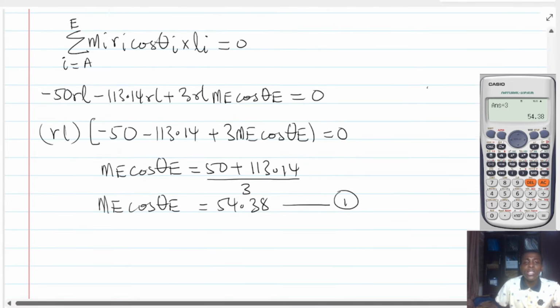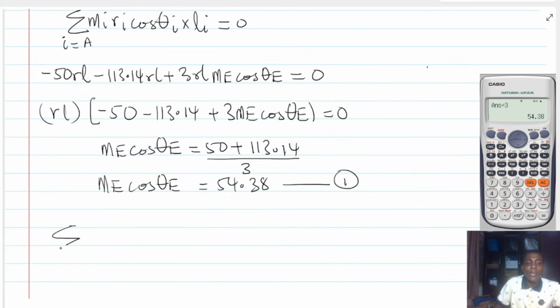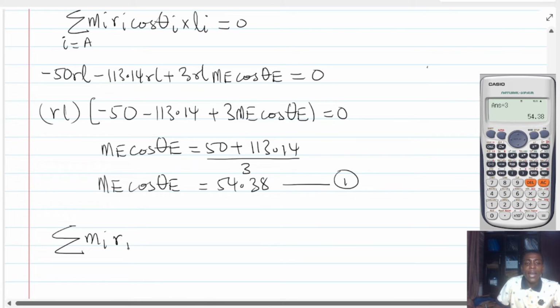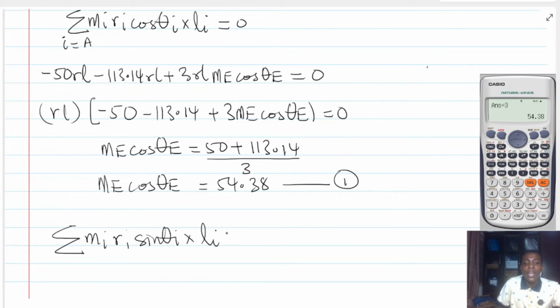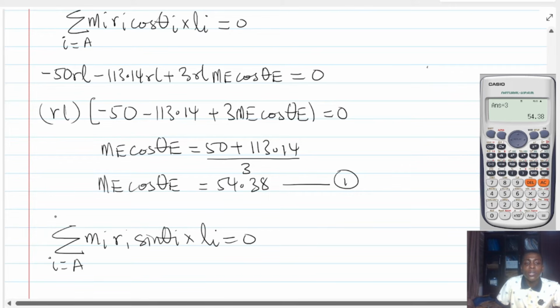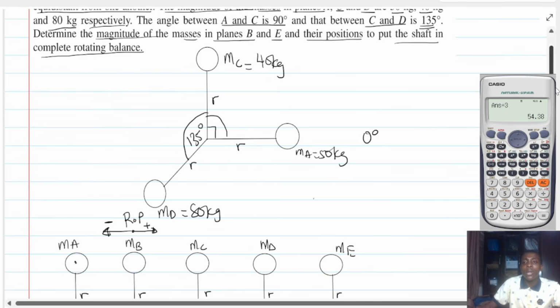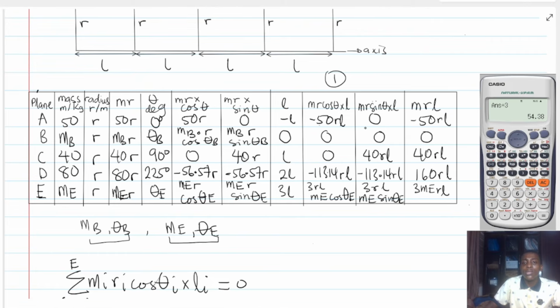Then I'm going to do the same thing, but this time around, the summation of mi ri sin theta I multiplied by li should be 0, from I equals A to I equals E, and that will be equation 2. So what I'm going to do is sum everything here and equate to 0.